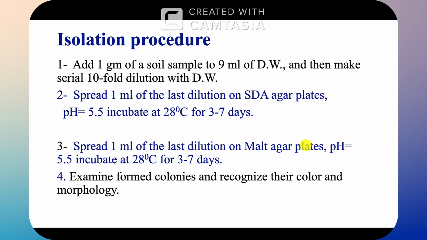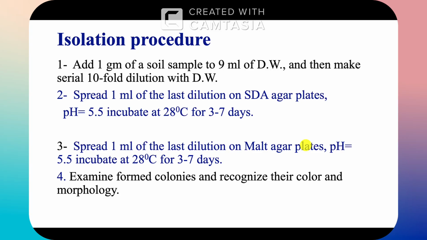We take 0.5 milliliter or 1 milliliter, it is okay, because we need a lot of fungi, I mean molds, isolated from the soil. Spread, inoculate 1 milliliter from the last two tubes on SDA agar and on malt agar. We can then incubate at 28 centigrade in the incubator for 3 to 6 days.